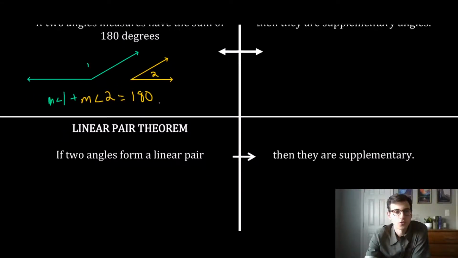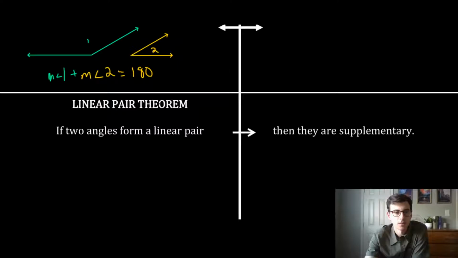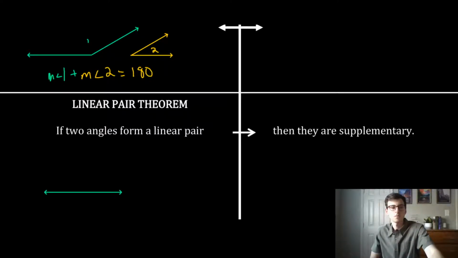If two angles form a linear pair, then they are supplementary. So what is a linear pair? Well, a linear pair is just two angles that are formed from a straight angle.